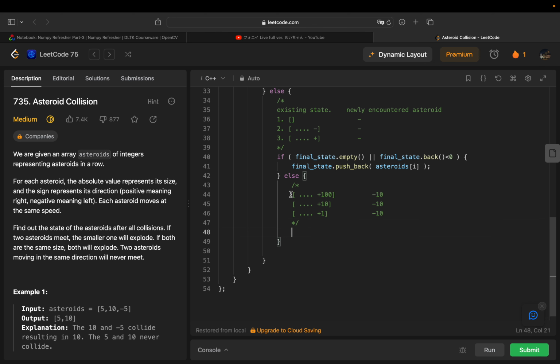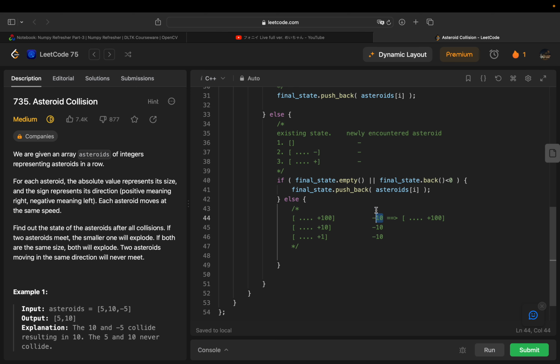For the first one, the final state will still remain the same, because the newly encountered asteroid will meet the last one, but the last one is larger, and the newly encountered asteroid has a smaller size, so it will explode.